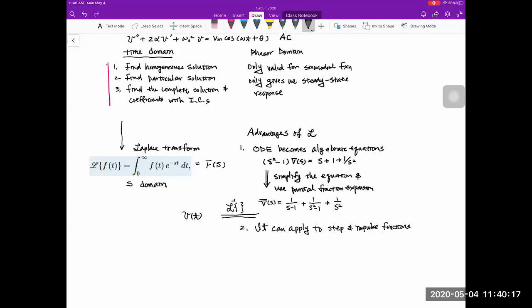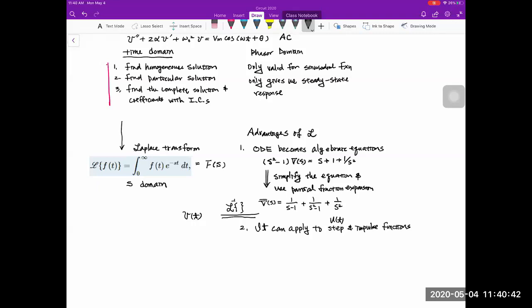Now, this is a very good advantage, because where do we see the step response? Where do we see the step function? The step function is a simulation of a switch. And in the circuit, we got a lot of switch. So the step function is actually u sub t.